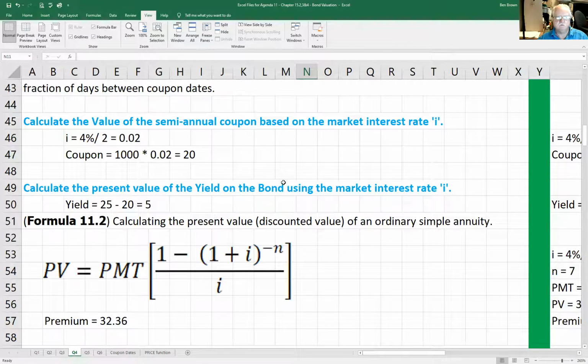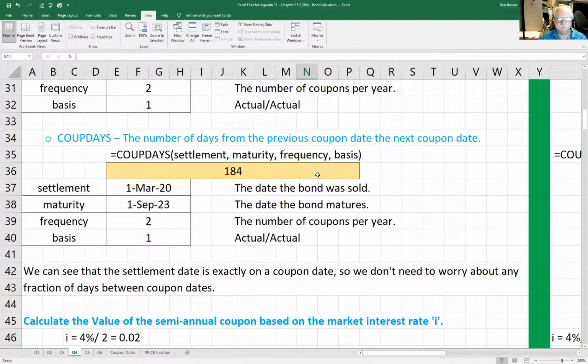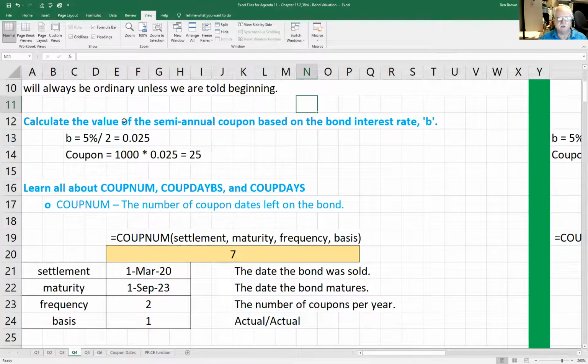So what they've done here is they've calculated the value of the coupon based on the market interest rate. Up here, we calculated the value of the coupon based on the bond interest rate. So the actual coupon is worth $25.